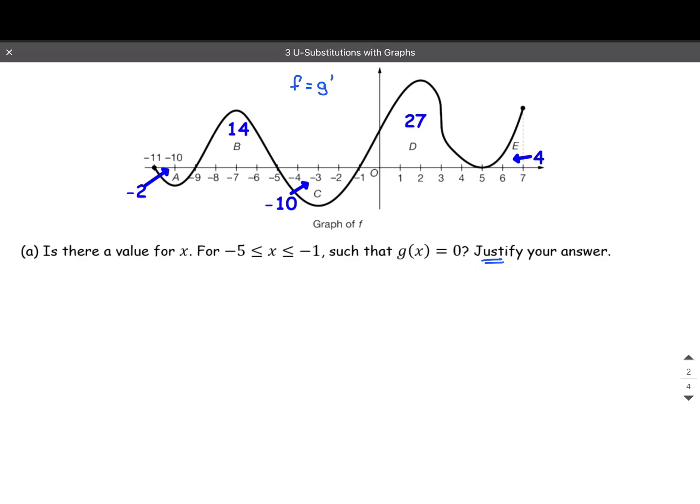Okay, so we know that g prime of x equals f of x. And we know that f of x, because they told us here, is continuous on the closed interval from -11 to 7, okay, which also means it's continuous from -5 to -1, right?